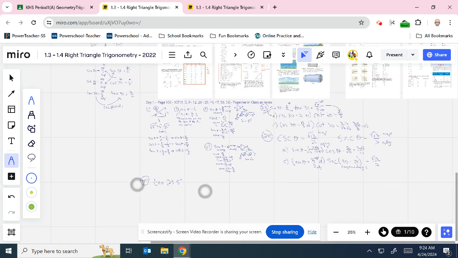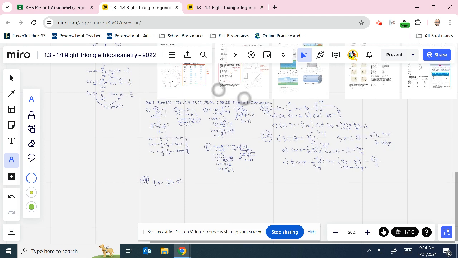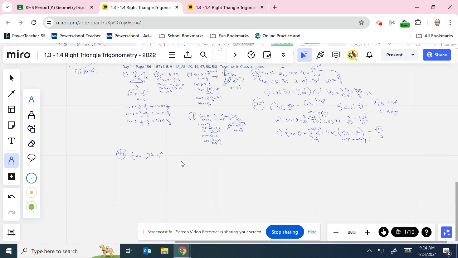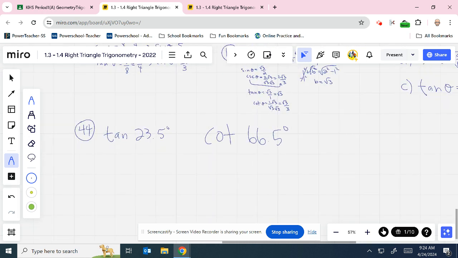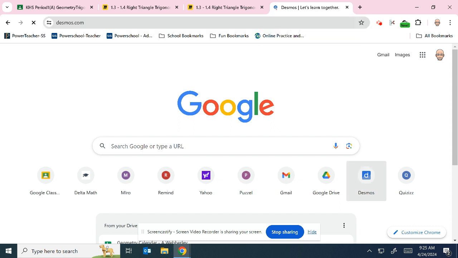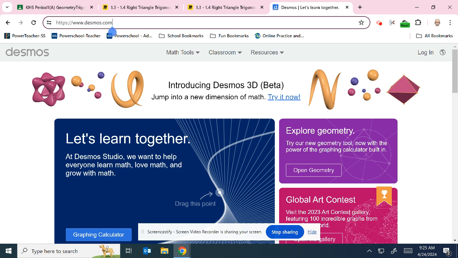That one's not difficult because there's nothing special to do about that one. But what about letter B, which is cotangent of 66.5 degrees? Okay, so this is your A, this is your B. Let's go to Desmos and check it out. It's just calculator. This one is not one that you have to figure anything out of. You just have to get the calculator.